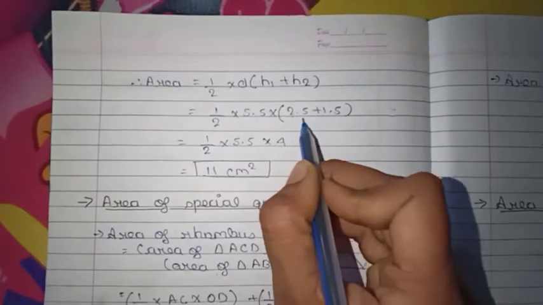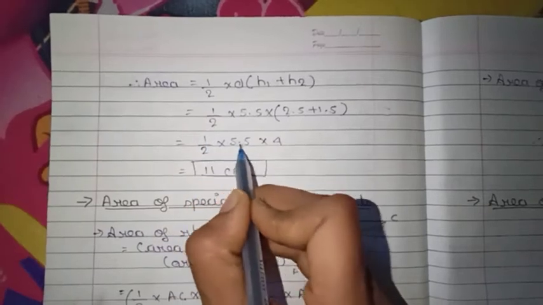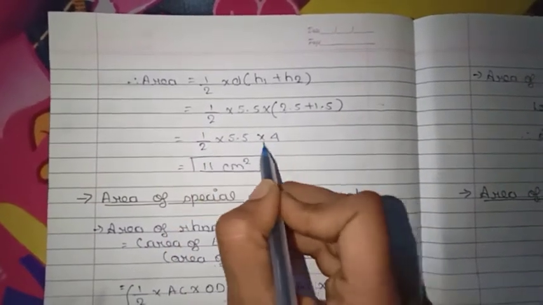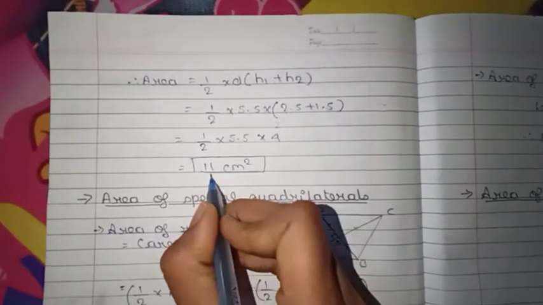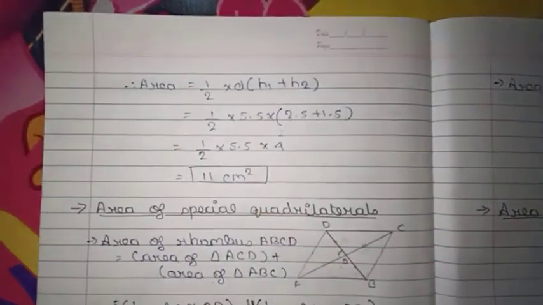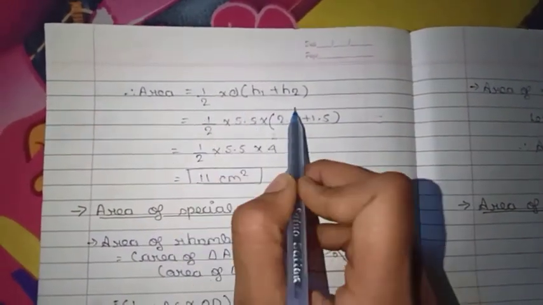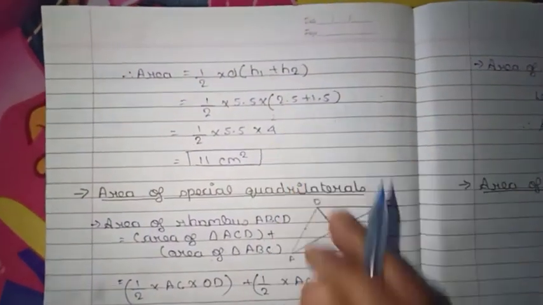If we add both the heights, we get 4. So 1 by 2 multiplied by 5.5 multiplied by 4. 2 twos are 4. Then 5.5 multiplied by 2 will be 11 centimeter square. So like this we can put the values into this formula for any general quadrilateral to find its area.